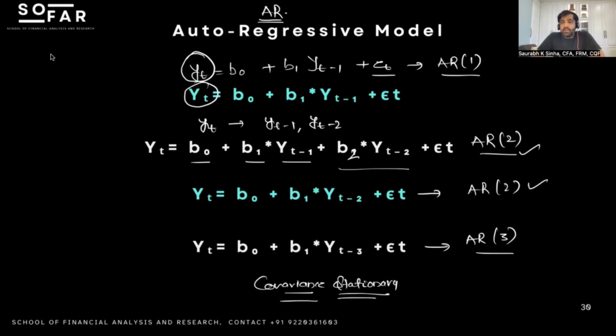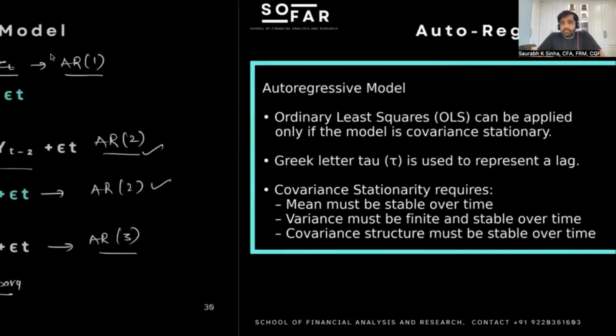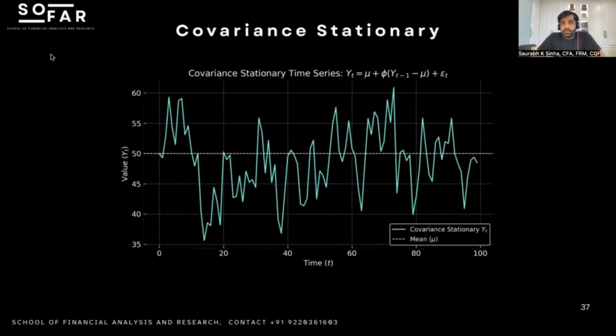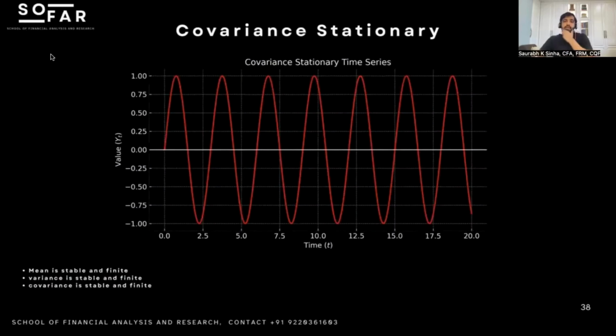What is the meaning of covariance stationary? This is a very extreme example of covariance stationarity.